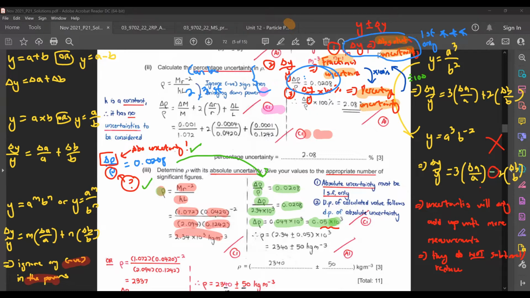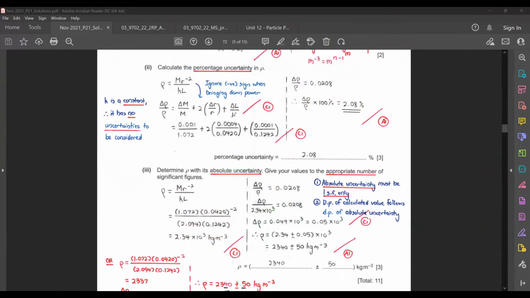When you try to express your absolute uncertainty, what is the power of 10 that you want to express it in? There's a hint from that. Wait, let me just clear out the drawing. When you first calculate out your rho, you notice that this is 10 power 3, right? So when you eventually find out your absolute uncertainty, you try to match the power of 10.